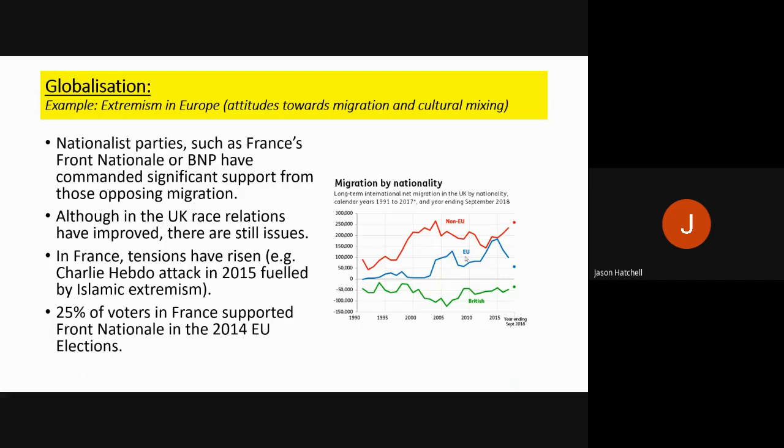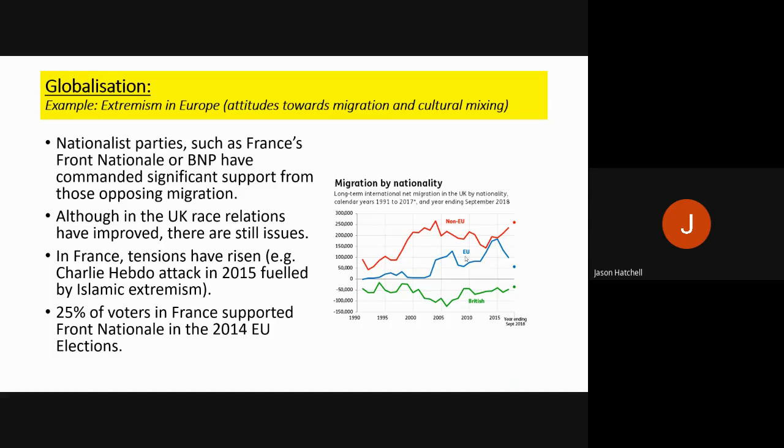So all of this migration has led to nationalist parties in the EU, such as France's Front National, the National Front, or the British National Party in the UK, having commanded significant support over the last 20 years or so. And they oppose migration severely. Although the UK has seen race relations improve over the last 50 years, there are still some issues. And in France, tensions have risen.